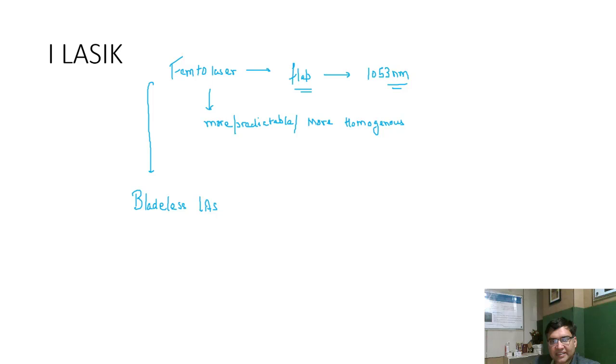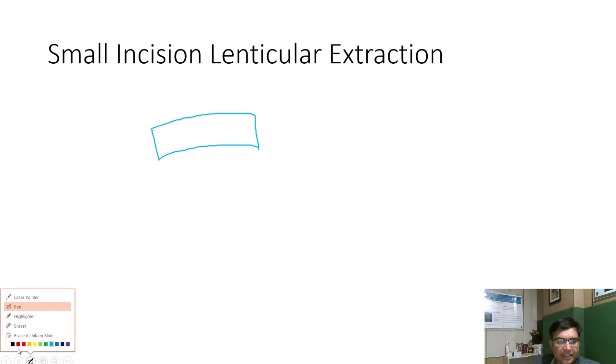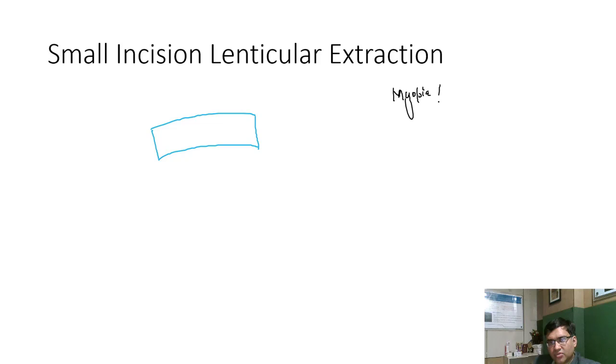Then the last but not the least type of refractive surgery is small incision lenticular extraction. Let's say this is the cornea. One very important thing is that small incision lenticular extraction can be done only for myopia or astigmatism. It cannot be done for hypermetropia. Remember, the femtolaser can be done for hypermetropic patients also. So what happens in small incision lenticular extraction? With the help of femtolaser, we make a lenticule inside the cornea.